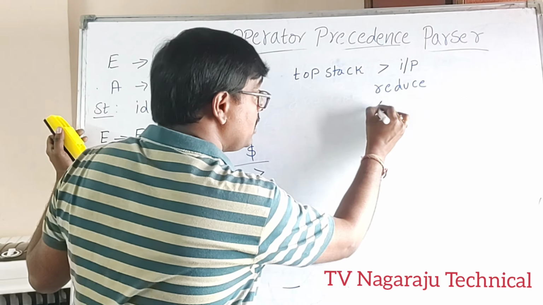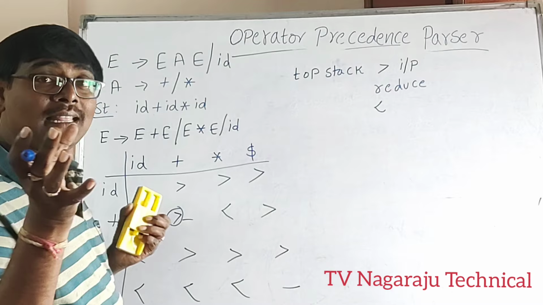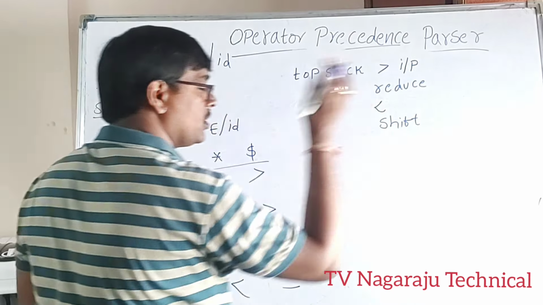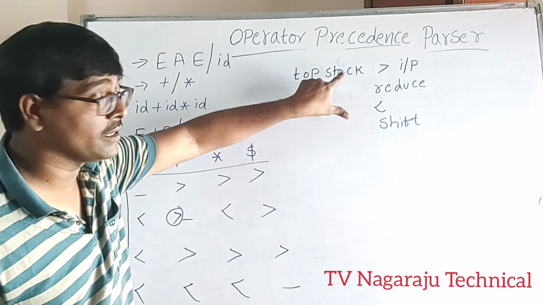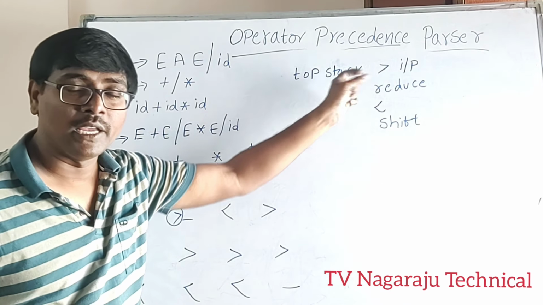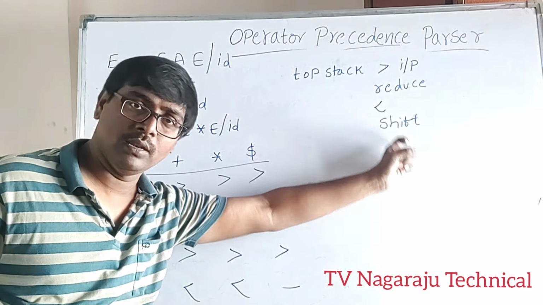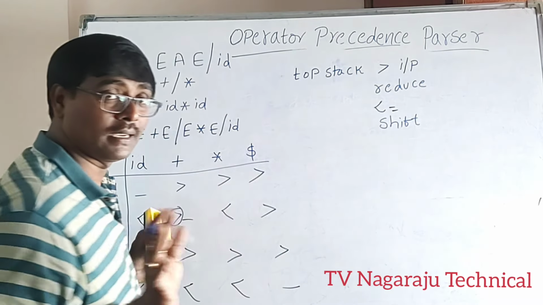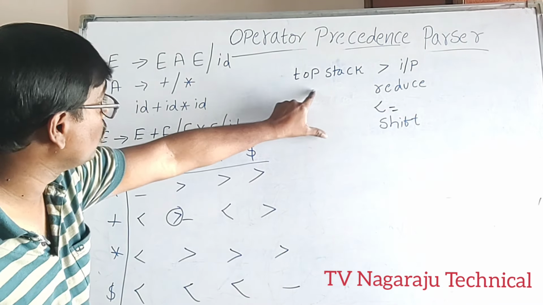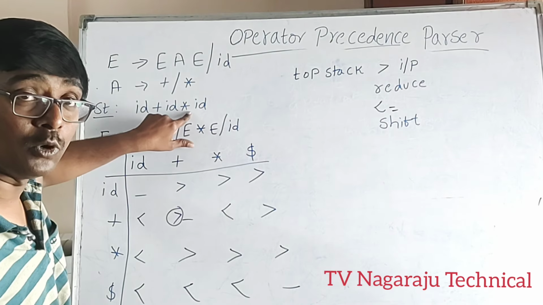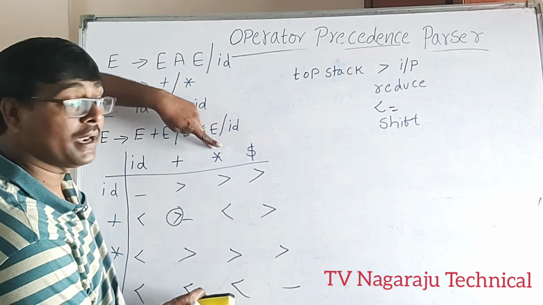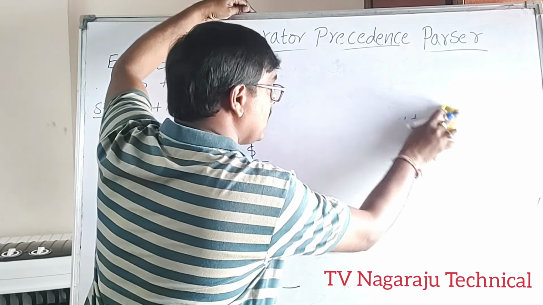If the top of the stack precedence is less than the input string precedence, then we do a shift operation. Remember these two rules: if it is greater than, reduce; if it is less than or equal, shift. Clear? Based on these two rules, I am parsing this input string using the shift reduce parser with the help of the operator precedence table. Clear?